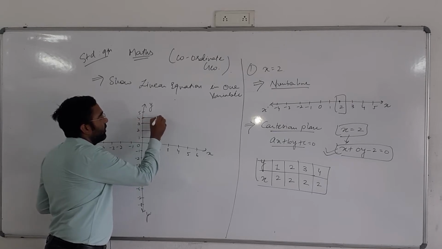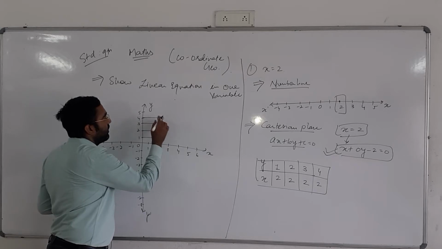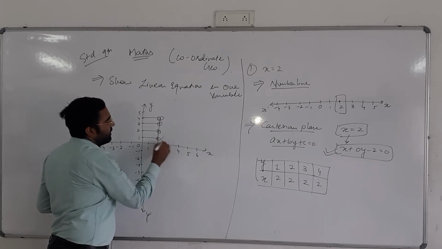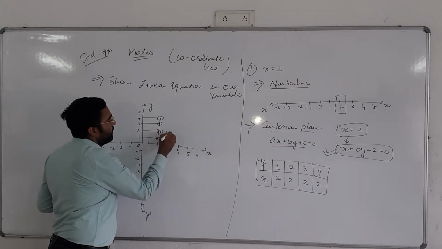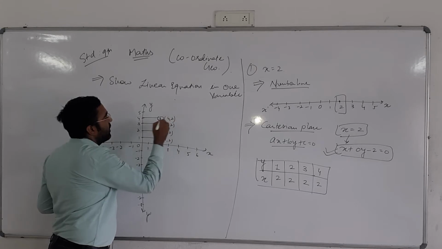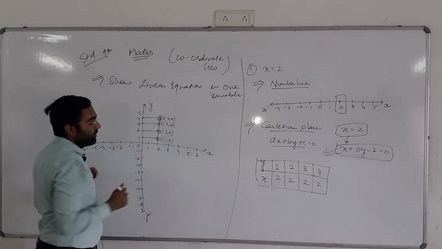Therefore for 4, your point is here. So this point is (2, 1), this point is (2, 2), this point is (2, 3), and this point is (2, 4). So as per the equation, I'll find the straight line.